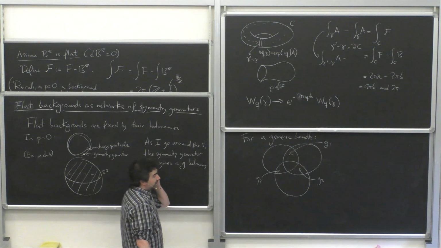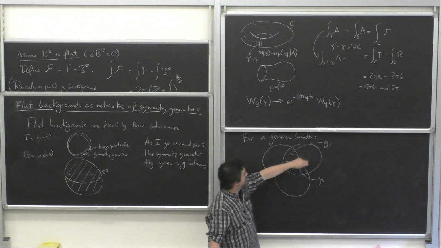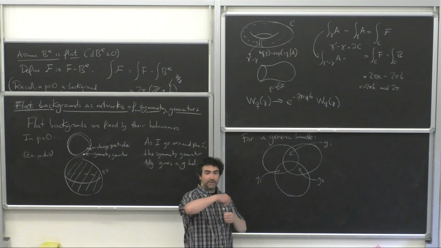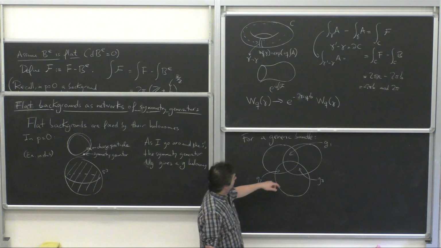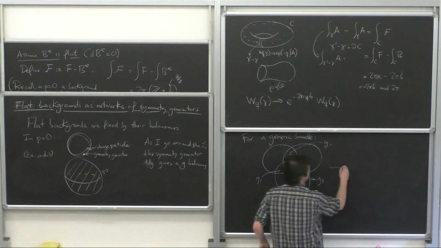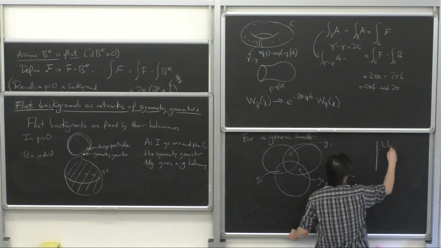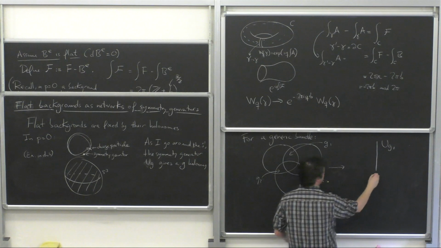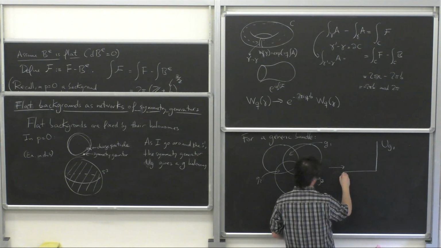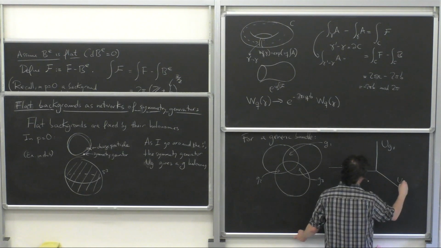So what this means in practice is that if you are dragging some operator along, and you want to see what happens to it in terms of holonomies, what you can do is introduce a symmetry defect here which is UG1, another one here, which is UG2, another one here, which is UG3.